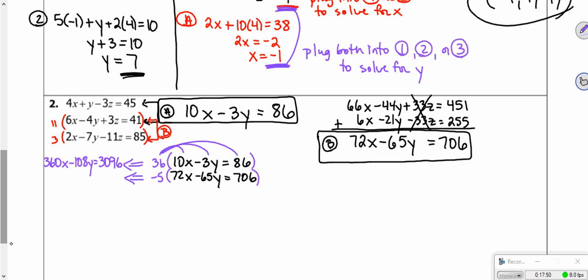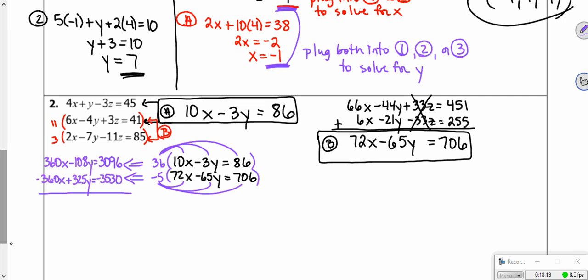Now, if I distribute the negative 5 to everything on the bottom, that is going to give me negative 360x plus 325y, kind of running out of room, equals negative 3530. Woo.